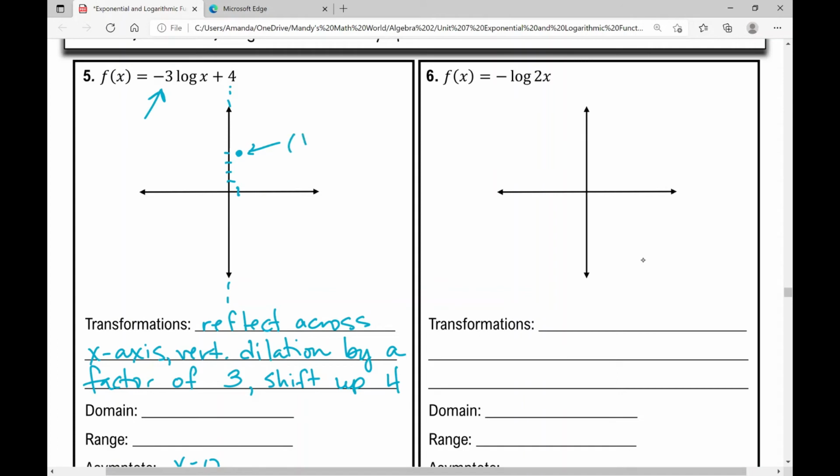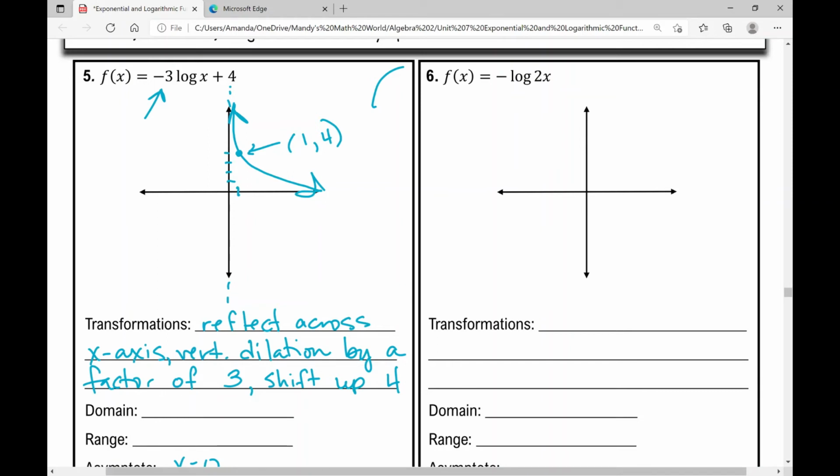And if you think about what your parent function looks like, it kind of looks like that. So if I reflect it across the x-axis, it's now going to look like this. Something like that, just that general shape. I'll draw a little rough sketch there, and that's what it's going to look like.